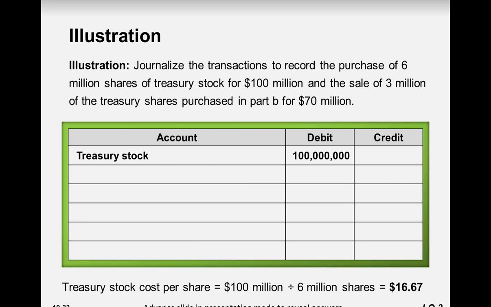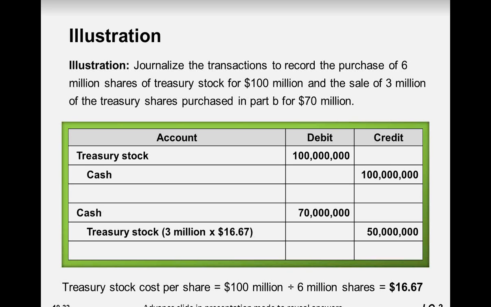So we bought Treasury stock. We have our cash. And then we sold part of that Treasury stock for more than what we paid for it to get paid-in capital from the Treasury stock.